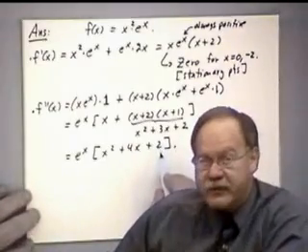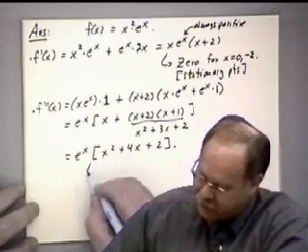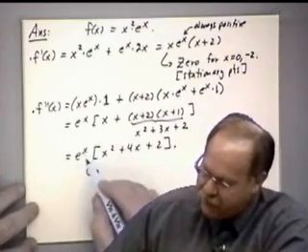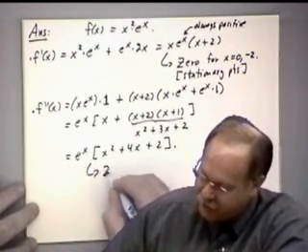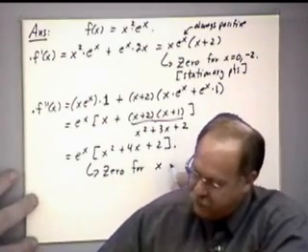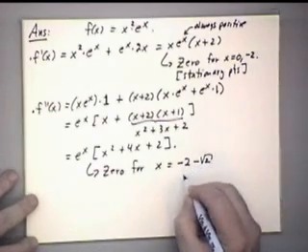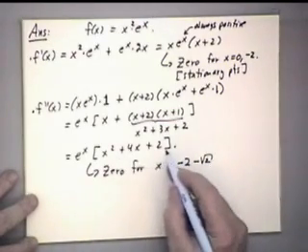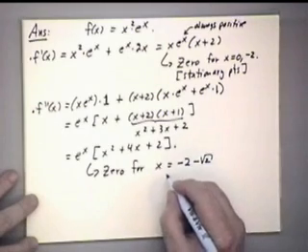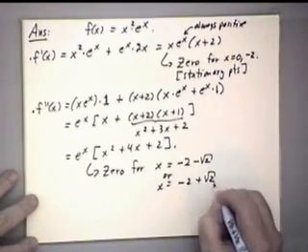Now, this won't factor into nice factors. It does factor, and in fact, we can find out what those factors are because we're interested in where the second derivative is 0. I'll let you do this yourself. x equals minus 2 minus square root of 2. That will come from using the quadratic formula here. Or x equals minus 2 plus square root of 2.